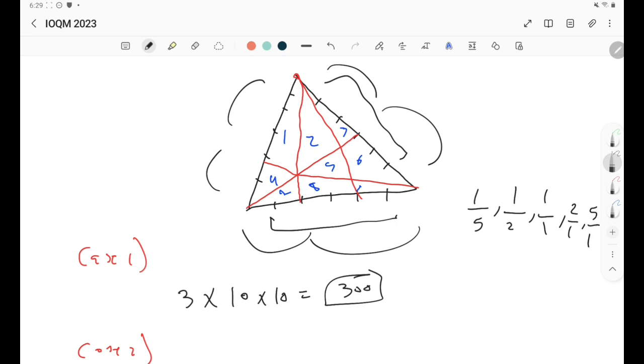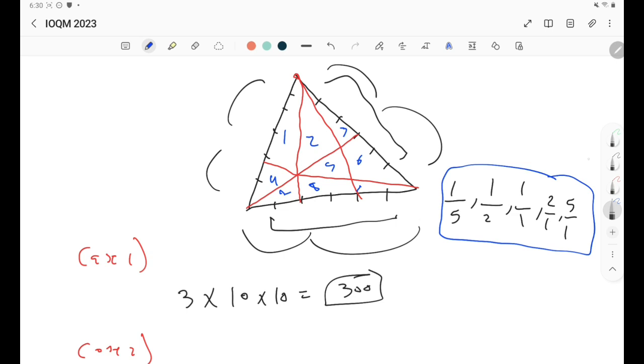So now if you take into consideration that these are the only ratios we can have, then that means, for example, if one of the ratios is 1 over 5, then we must have another one that's 5 over 1, and that means the other one must be 1 over 1.